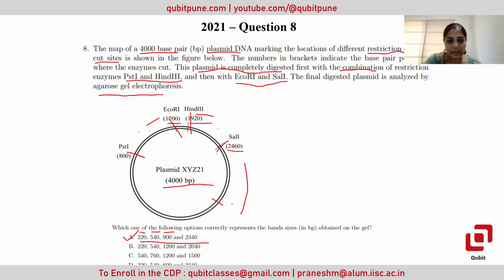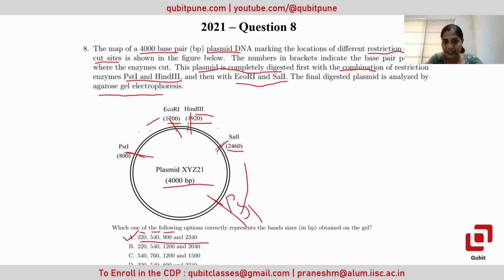For example, yes, obviously the number of fragments will change. Ultimately, in total it will be the 400 base pair, which you can see by addition. For example, let's imagine there is one more PstI site here. When the first cutting is done, PstI will cut here and here also.